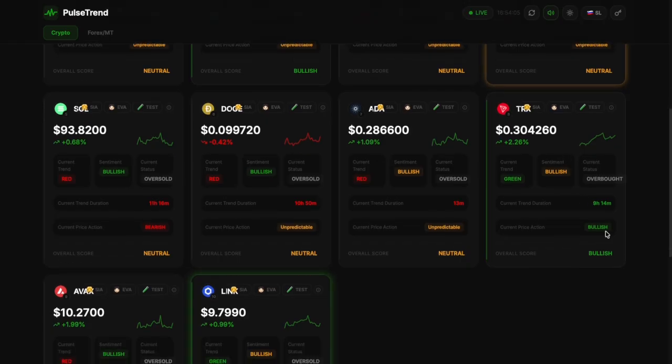Let's say on Tron, we see we have a green trend, it's been on for 9 hours, the current price action is still bullish, but it's overbought, so it's pretty much like an indicator, right? A lot of contradicting information. But still, you see a lot more alignment when you look at the information here compared to indicators.